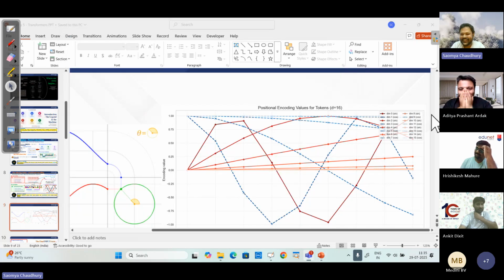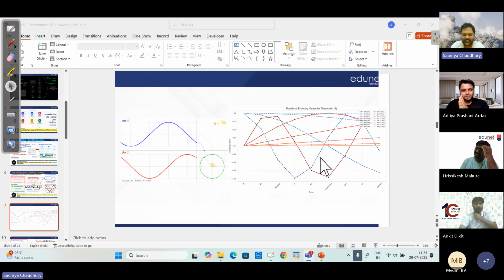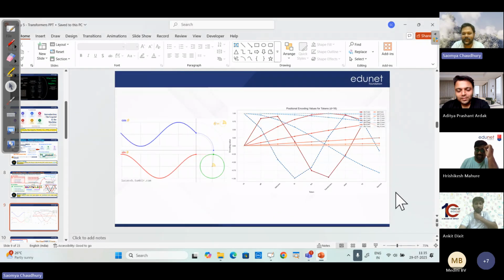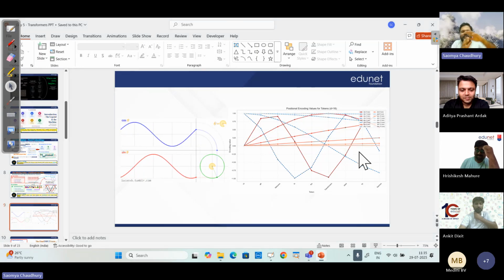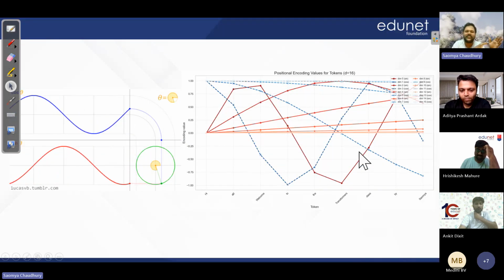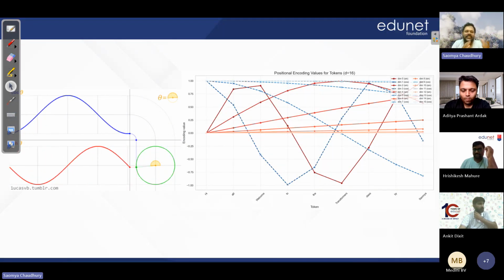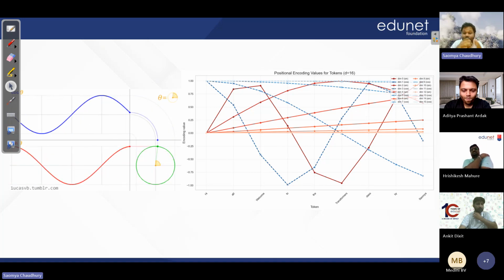So that is the whole idea behind what we were discussing here. I think more or less it is understandable by all of us. So the lower the dimension, the more fluctuation you see. Sorry, I said lesser changes, but it is more fluctuation.